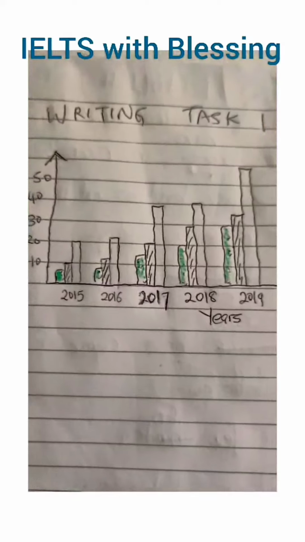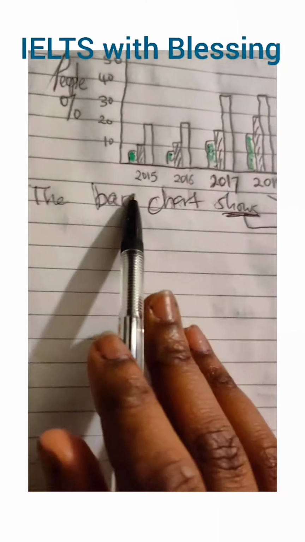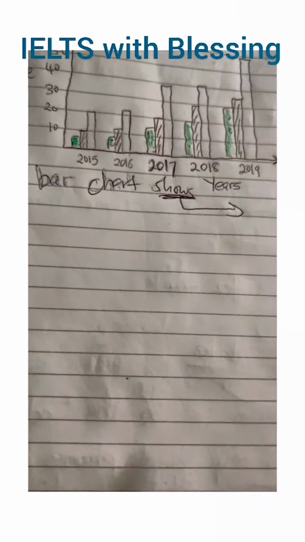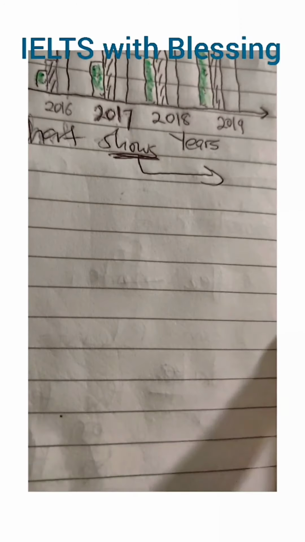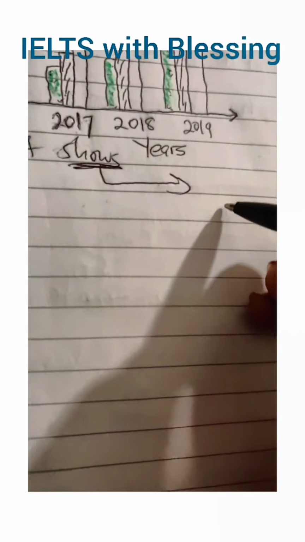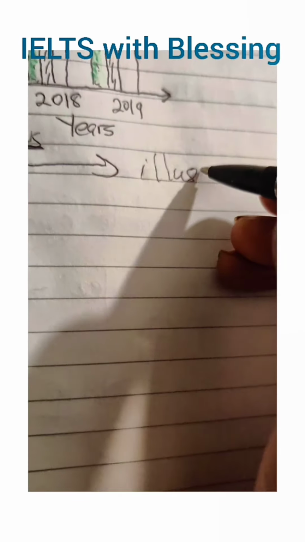Let me write it here so that it's clearer. The question was: the bar chart below shows. When you're paraphrasing in your first paragraph, you put the bar chart illustrates instead of shows.